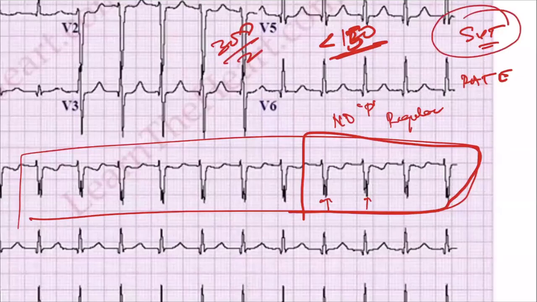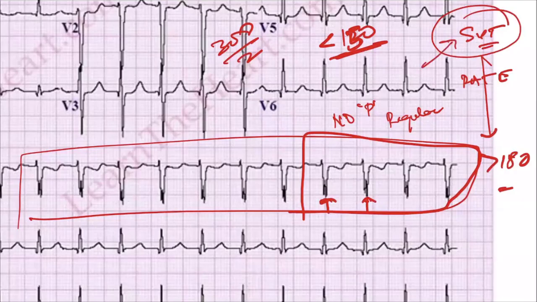Supraventricular tachycardia, most of the time it will be more than 180, not even 150. If you count the number of large boxes between two Q waves, if it is more than two large boxes, you can consider this a supraventricular tachycardia.